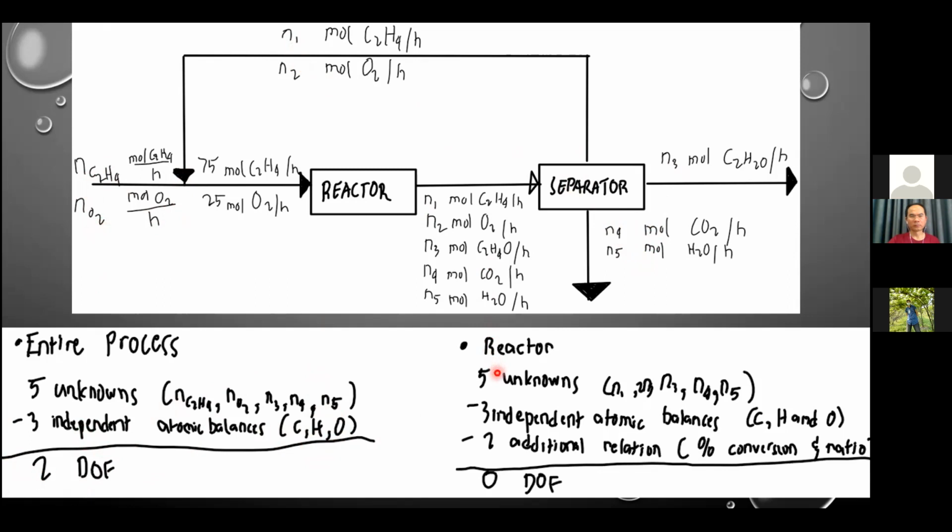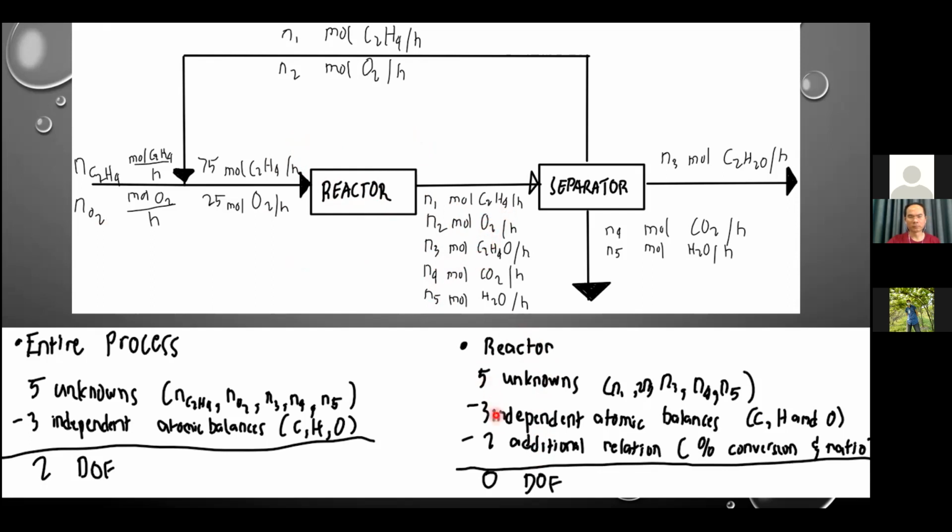The next is the reactor. For the reactor, there are 5 unknowns, N1 to N5 here, from the reactor. And then there are 3 atomic balances, the carbon, hydrogen, and oxygen.